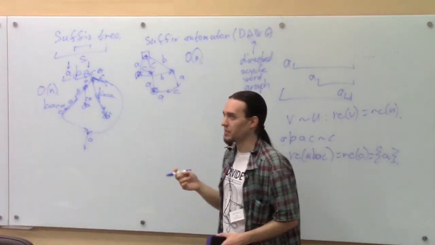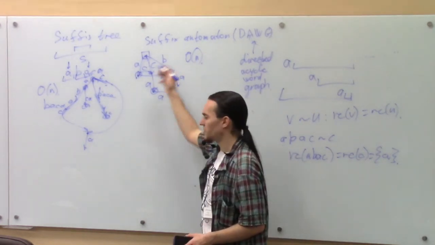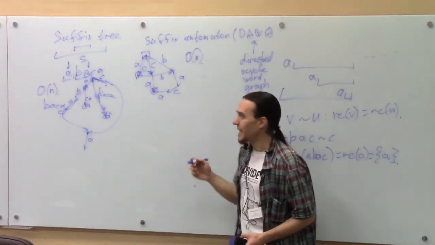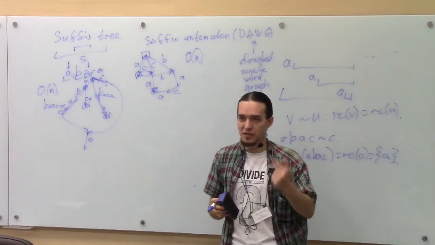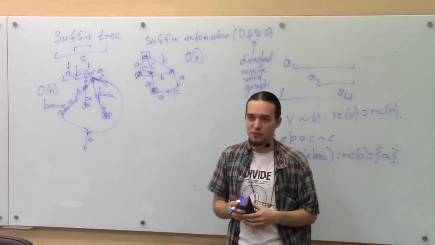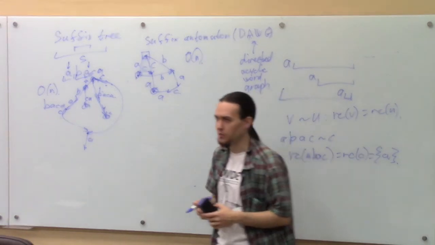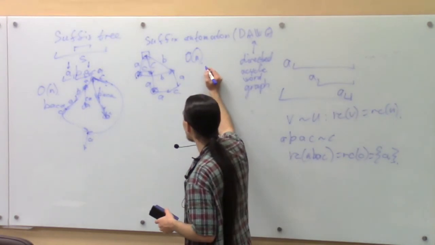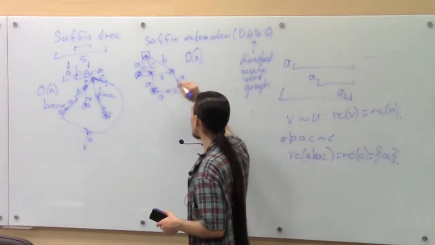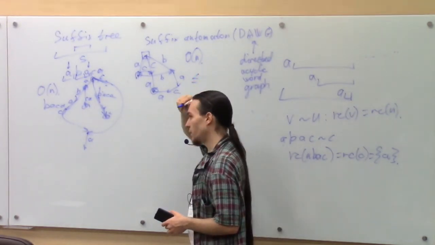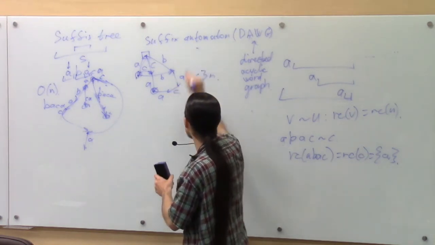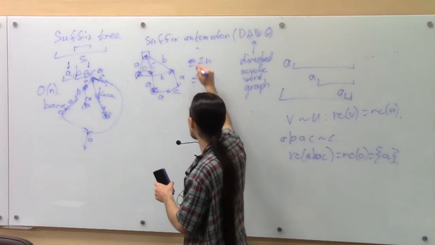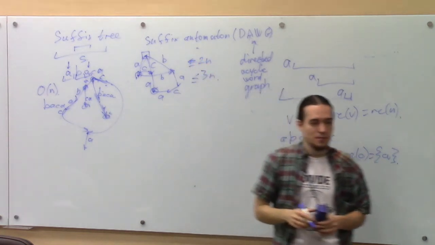Naively we would estimate, if we were to have 10 to the 9th different letters and all vertices had outgoing degree 10 to the 9th, then we would have a much larger number of edges. But we can bound the number of edges by, I want to say, 3n. So the number of vertices is at most 2n, and the number of edges is, I think, at most 3n.